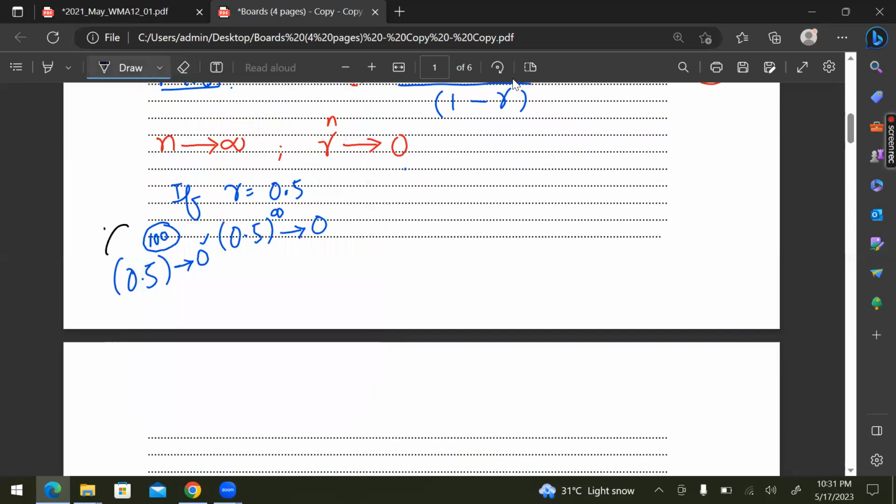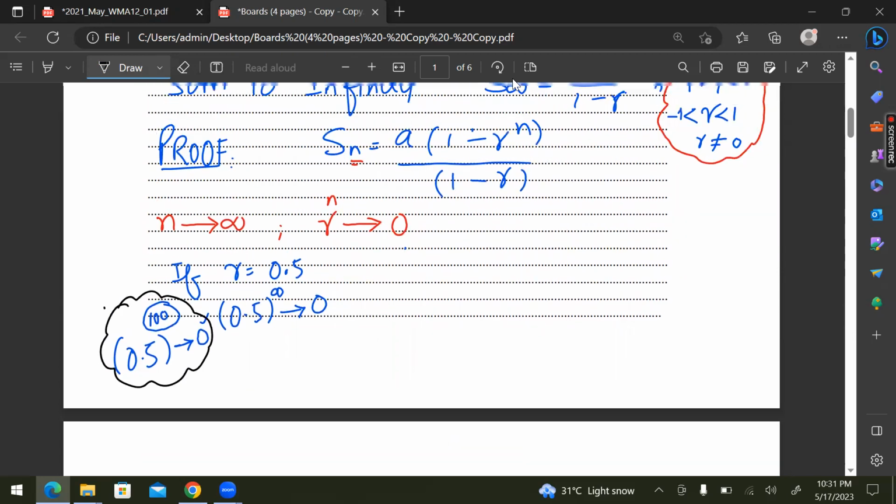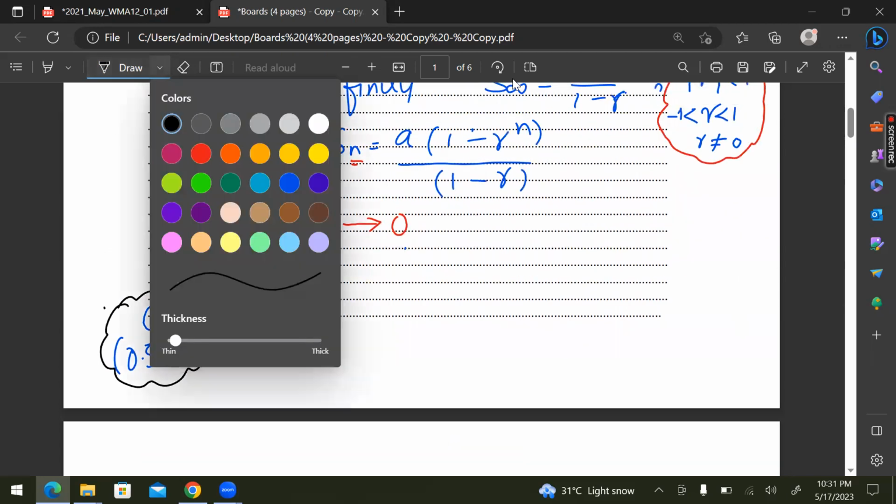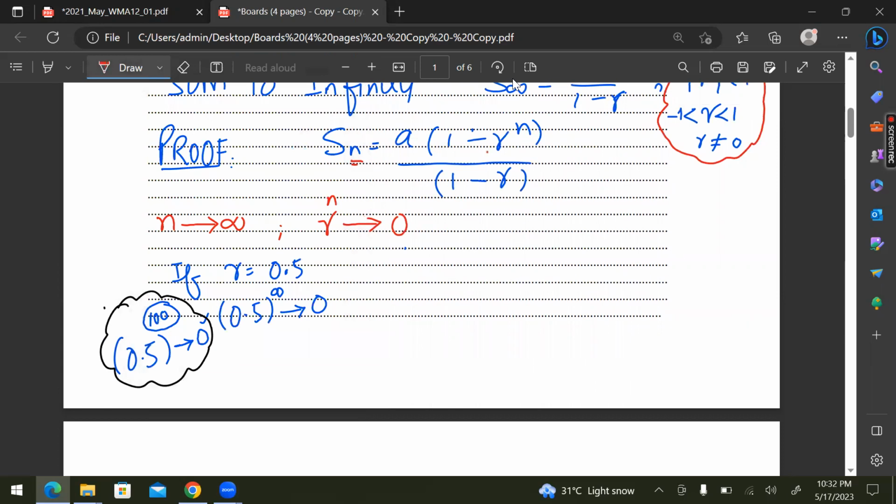The answer is approaching 0. As we increase the power of 0.5, the answer gets closer and closer to 0. So when n is very large, this part of the formula approaches 0.